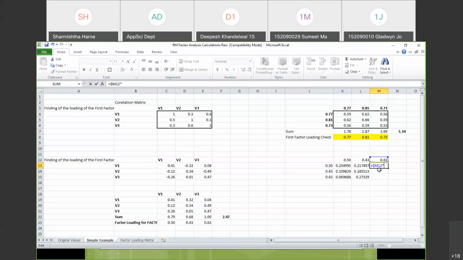Then multiplied by this. Okay. Then again the same things. Sum into sum.